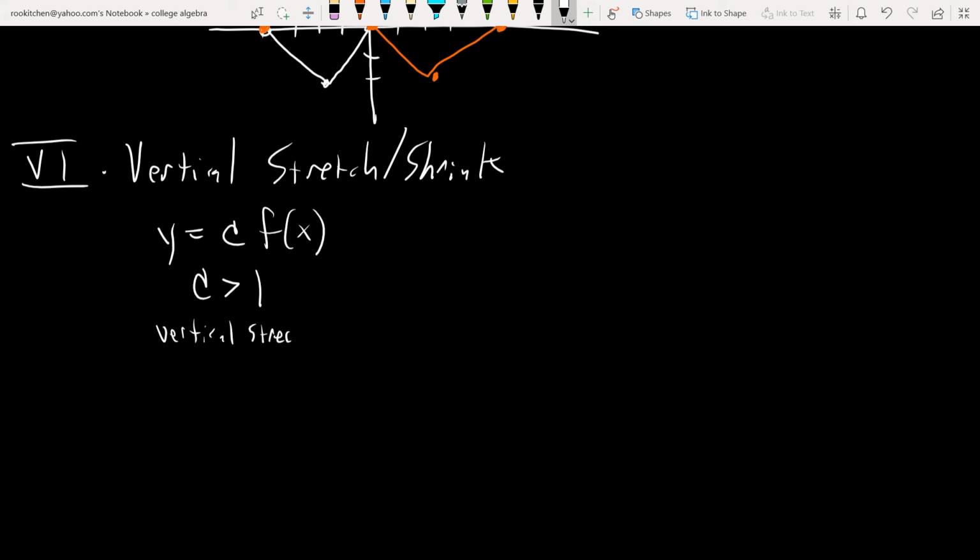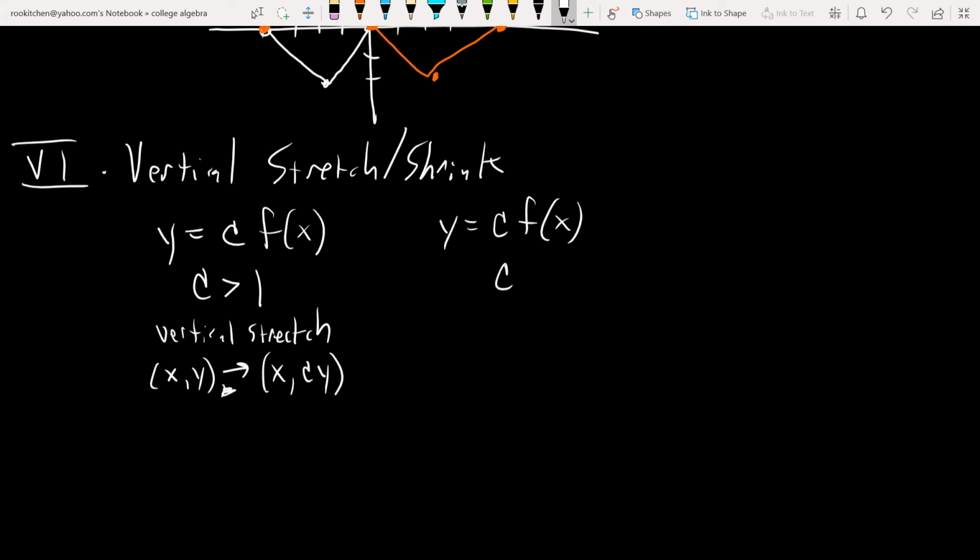You think of that as amplitude, how high and how low it goes. In particular, if you have a point x comma y, it will turn it into a point x comma c times y. Okay. Then if c is like a fraction, so c in between 0 and 1, then it'll be a vertical smush or shrink.